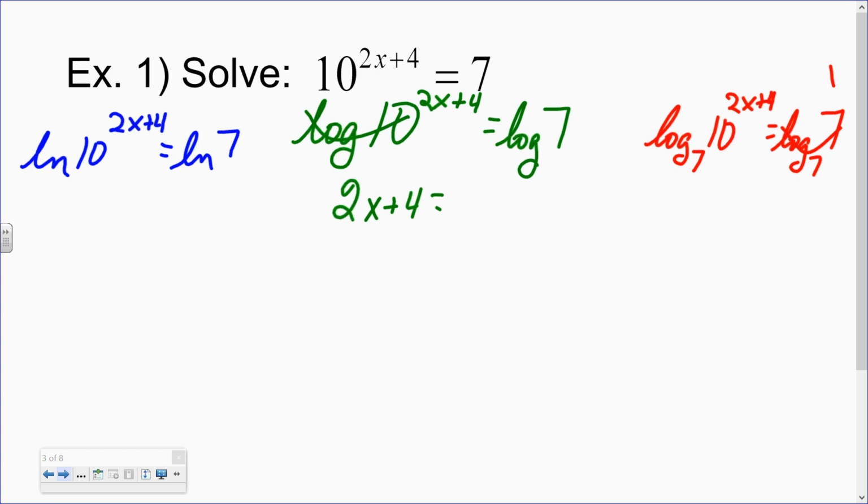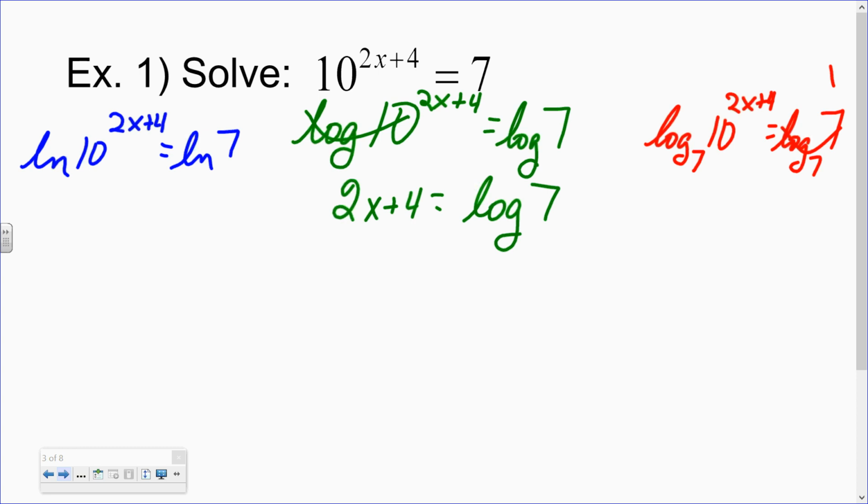A disadvantage on a test if we had done log base 7: on your test, when I put your calculators in press to test mode, you can only access common log and natural log. You can't fill in log base 7 of anything. So you would not be able to do it this way that I wrote in red on your calculator on a test, only on homework. So we want to make sure we know how to do them on tests so we don't get in trouble there. So let's finish this one up.